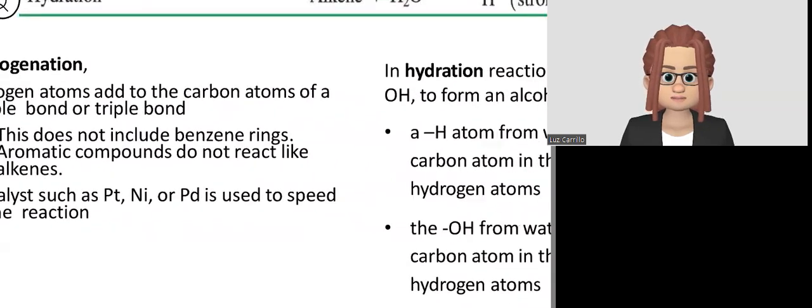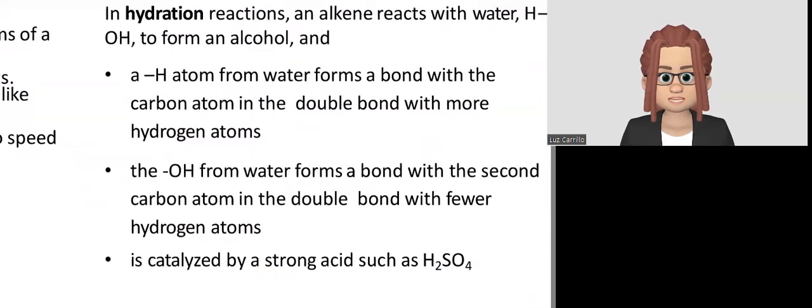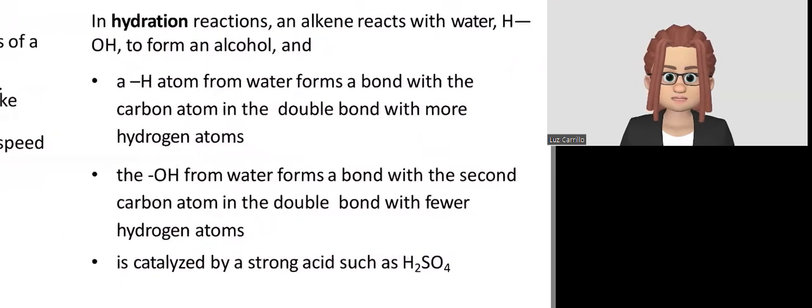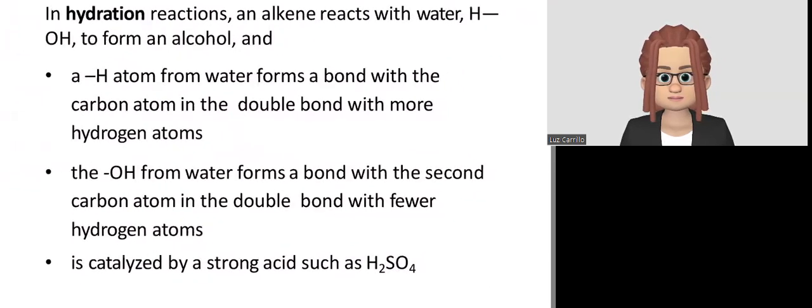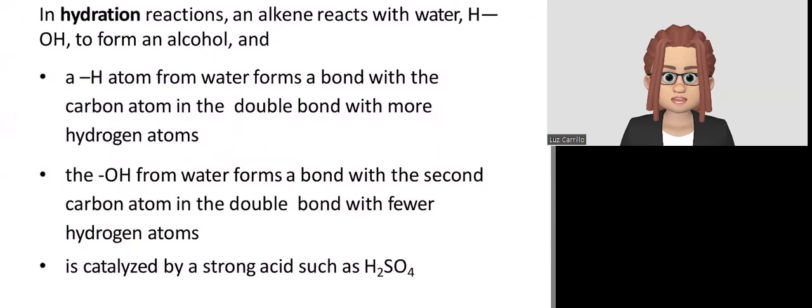When it comes to hydration, hydration is a reaction that is only for alkenes. In this hydration reaction, the carbons that are connected by the double bond break, and we're going to add the atoms of water in the form of H and OH to produce a product. For hydration reactions, we also need a catalyst, but our catalyst is going to be H2SO4.